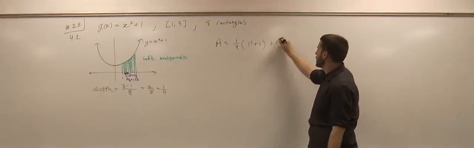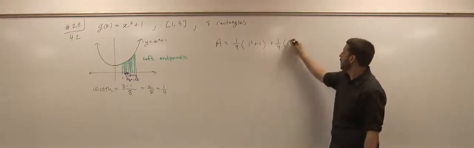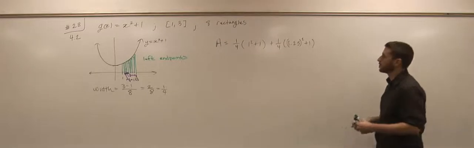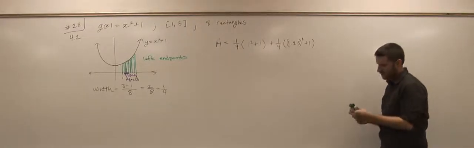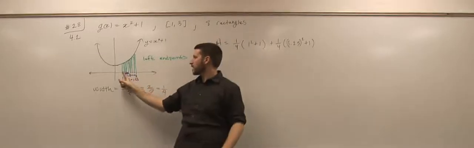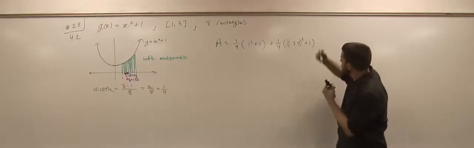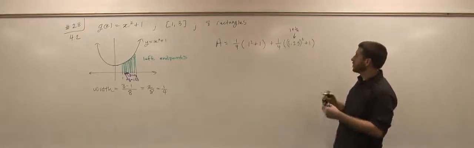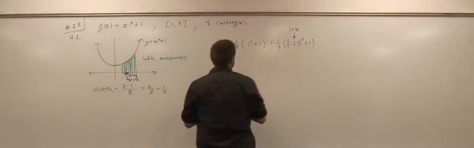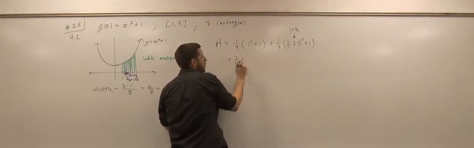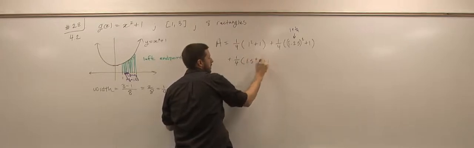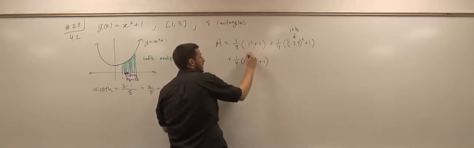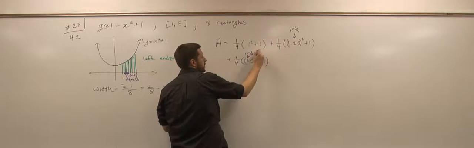Then I move on to my next rectangle, so I'll have 1/4 times 1.25 squared plus 1, because I moved over exactly 1/4. This 1.25 came from taking 1 plus 1/4. So that would be my second rectangle. My third rectangle would be 1/4 times 1.5 squared plus 1, and this comes from taking 1 plus 1/4 two times.